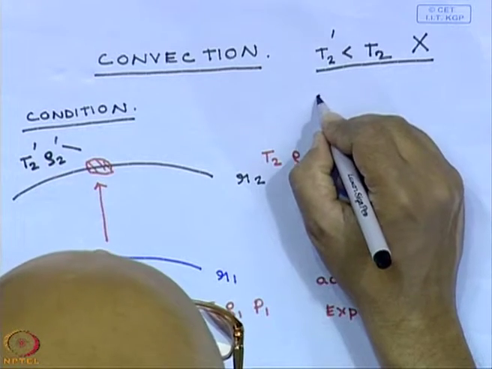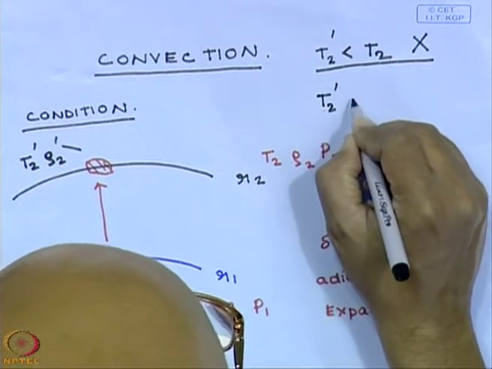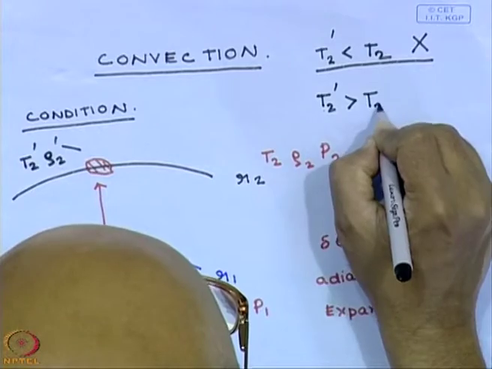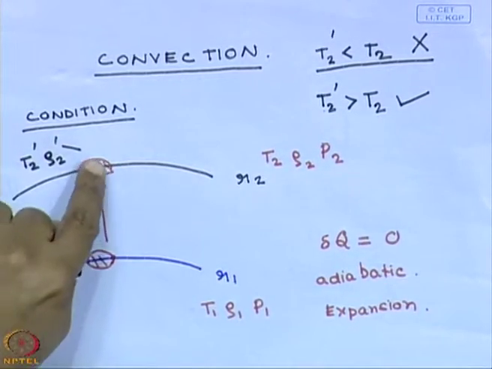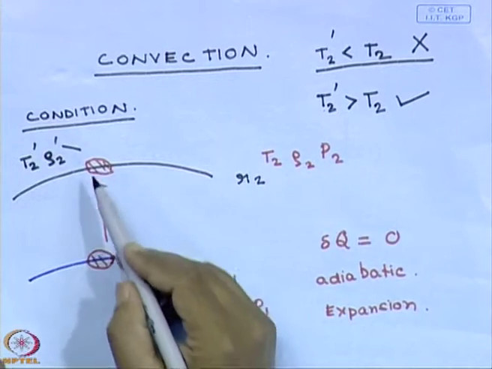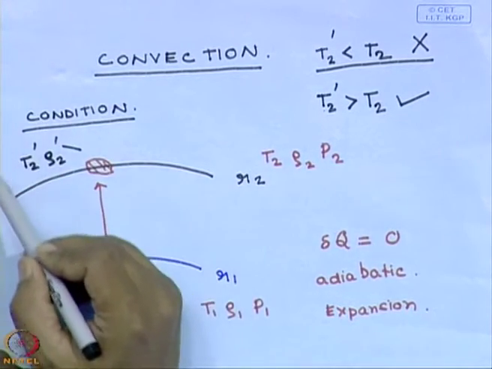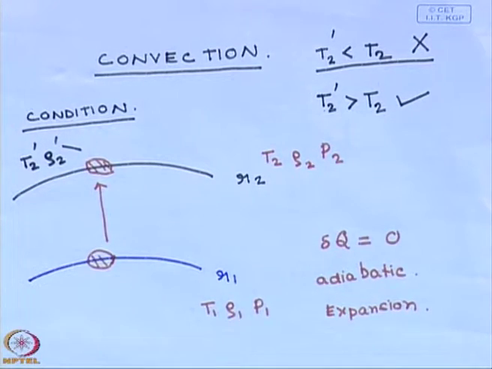So, if T2 prime is greater than T2, it is going to experience an upward buoyancy force, it is going to move up and it will continue to move up and you will have convection setting in. Okay. So, you will have convection.